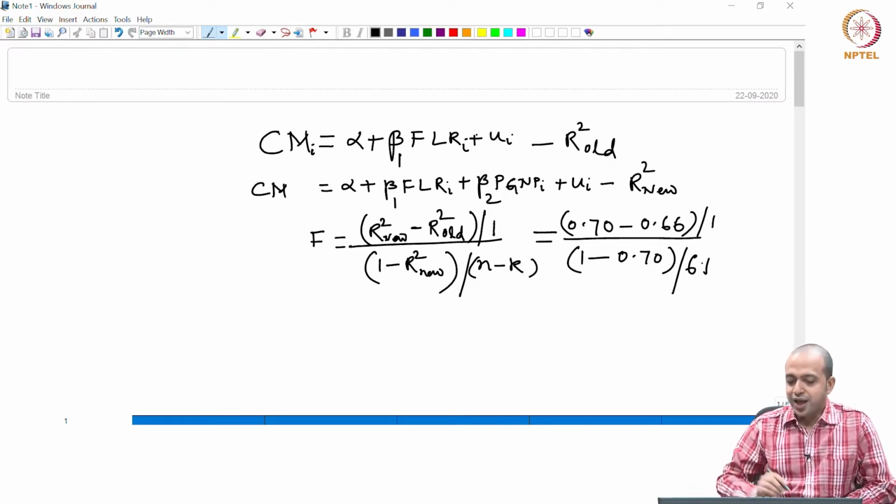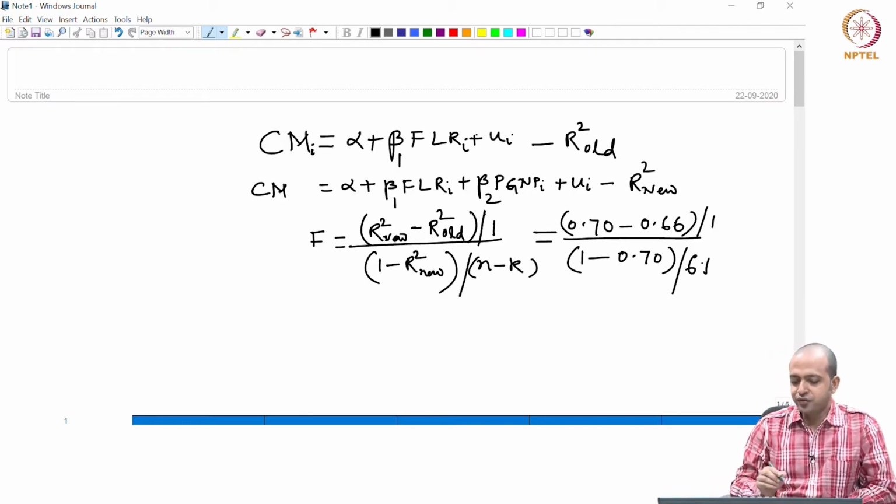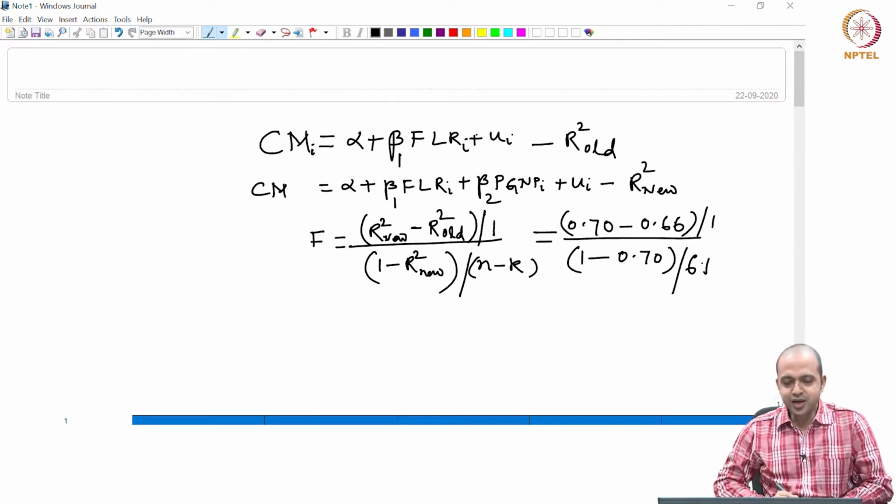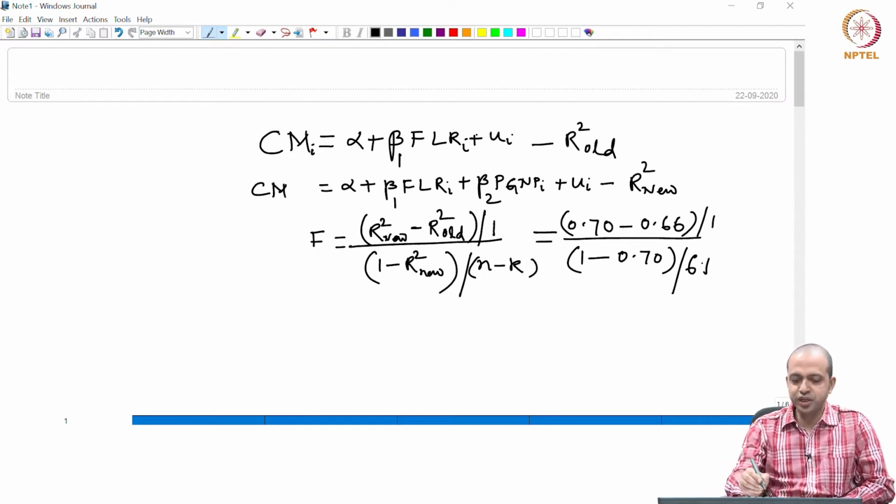So, once you do that, you will get the calculated value of F, and that calculated value of F you have to compare with the tabulated value of F, which is available at the end of your textbook, okay, for a specific level of alpha, let us say 1%, 5% or 10%. So, you can easily calculate.